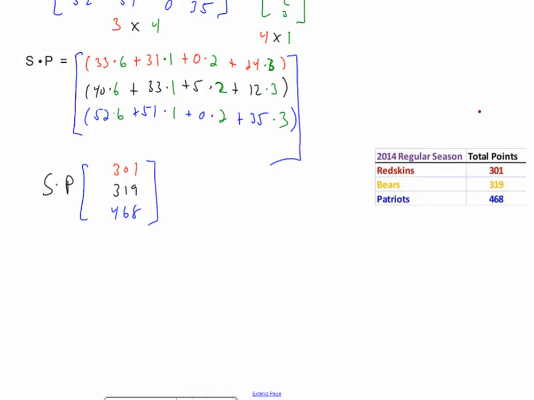I had to literally go through and tell it to add, you know, cell this times that plus cell that times that, etc., to make up this chart. I'm sure there is a command, because all it simply is is multiplying the S matrix times the P matrix. And what do you end up figuring out? Their total points regular season scoring. Multiplying matrices. So that's what we got to do this lesson.